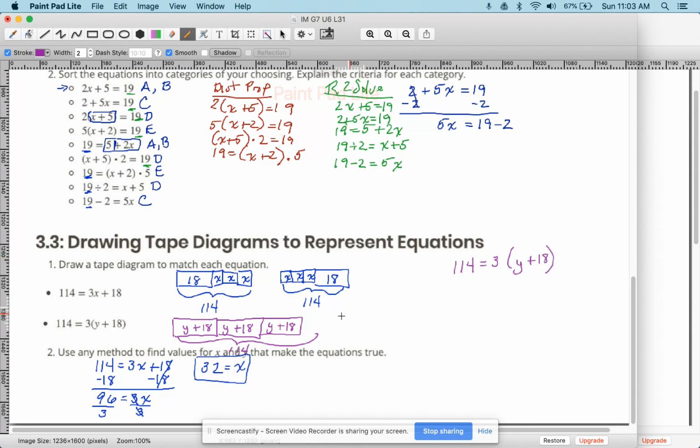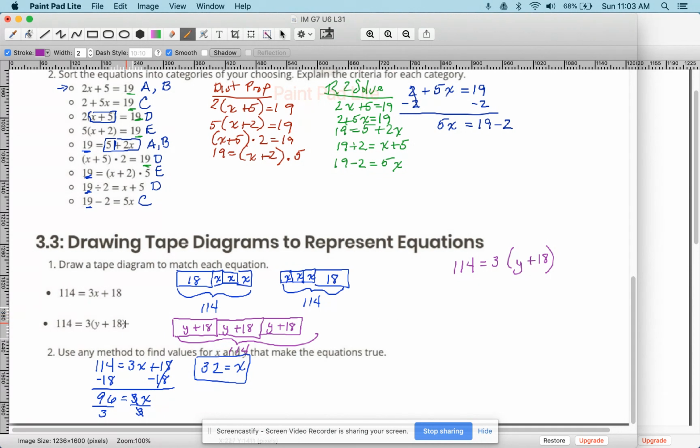Okay, so I just want to look at this tape diagram a little more closely before I move on to solving that. So basically what they're saying here is you have a y plus 18 section 3 different times, and that's where you get 3 times y plus 18. It's not y 3 times in 3 separate boxes and 18 3 times in separate boxes.